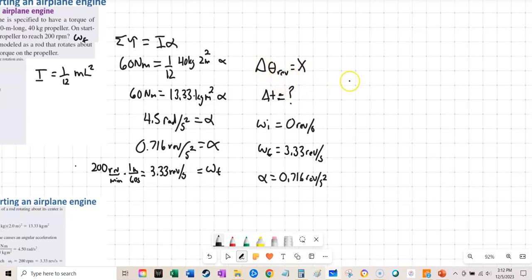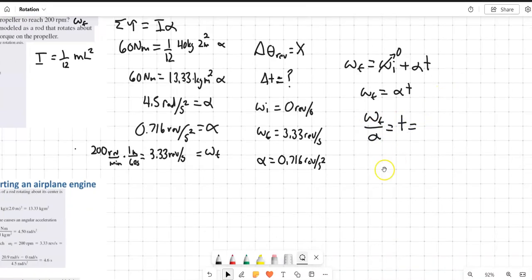So essentially, we have to use this equation. This is the only equation that does not have theta in it. We're going to solve this for time. Omega initial is 0. It's alpha times t. Then we divide both sides by alpha to get the time.